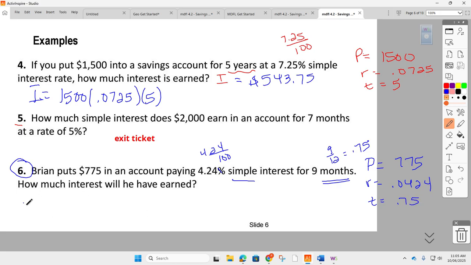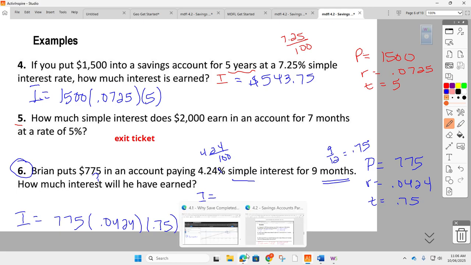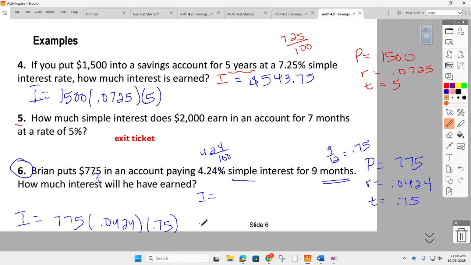So we still do the same thing. We're looking for interest still. And we're going to use the formula. I equals 775 times 0.0424 times the time in years. And when we do that, we should get $24.65 in interest that money has earned.